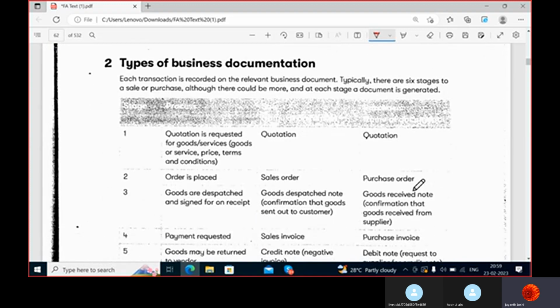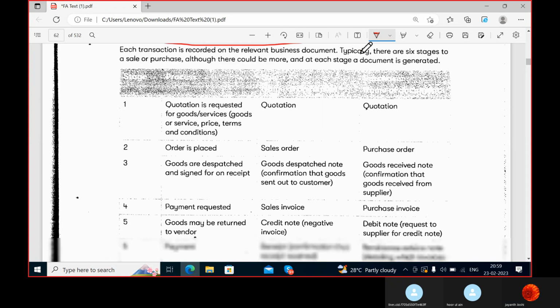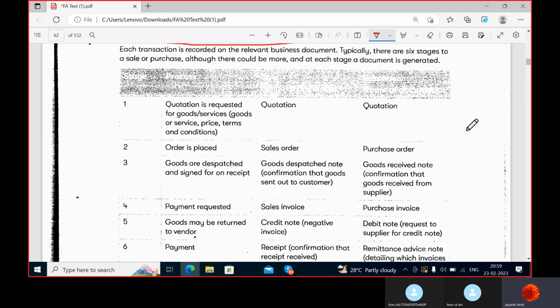Okay. So what kind of types of business documentation? See, whenever you start a business, the first and foremost thing is you have to maintain the records of each and every transaction which is happening in your business.